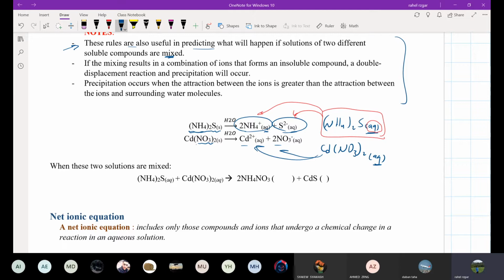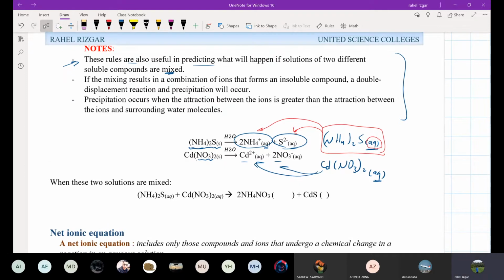Cadmium and nitrate ions. What do we use these rules for? The 6 rules. They're useful for predicting what will happen if 2 different soluble compounds are mixed.